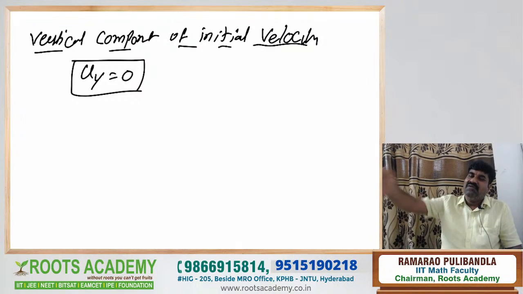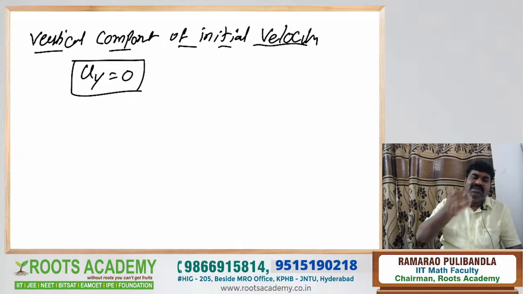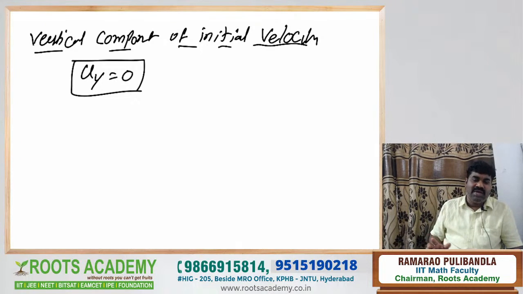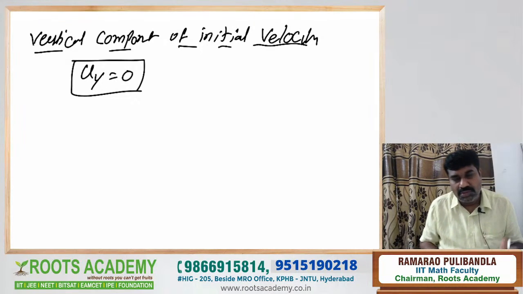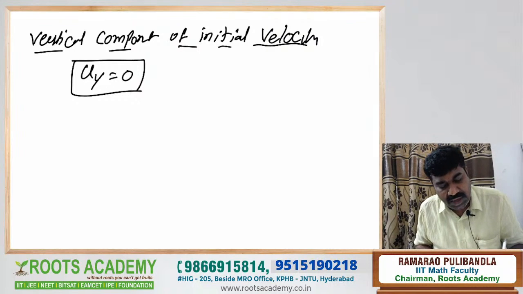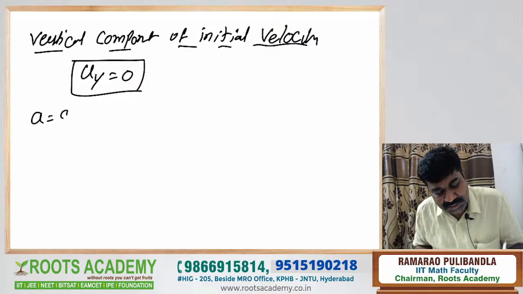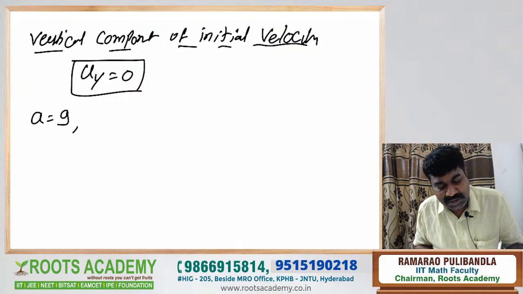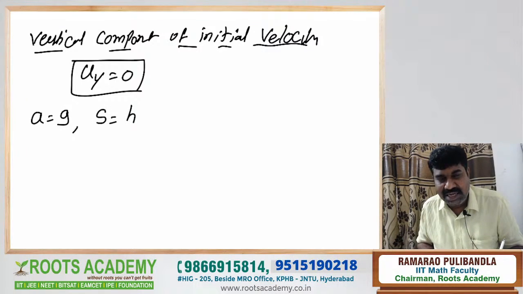There is only a horizontal velocity. The vertical velocity is equal to 0. Along the vertical direction, a is plus g. The displacement traveled vertically is h.